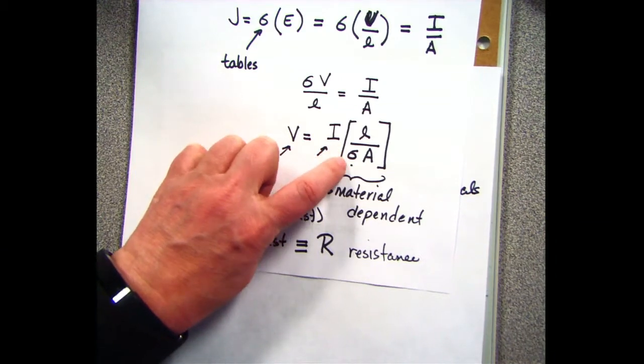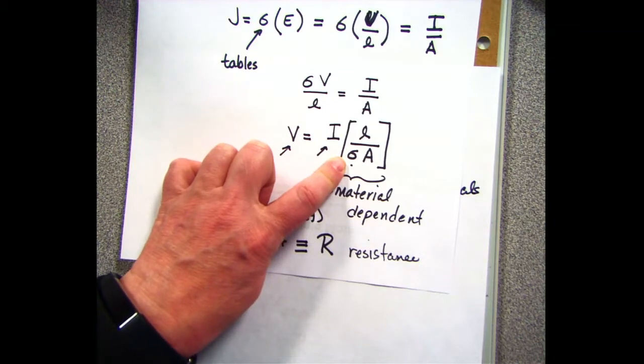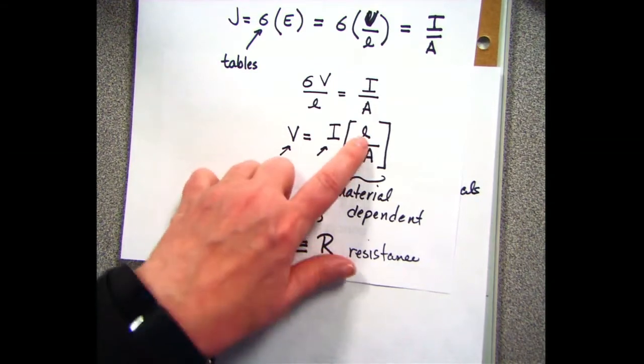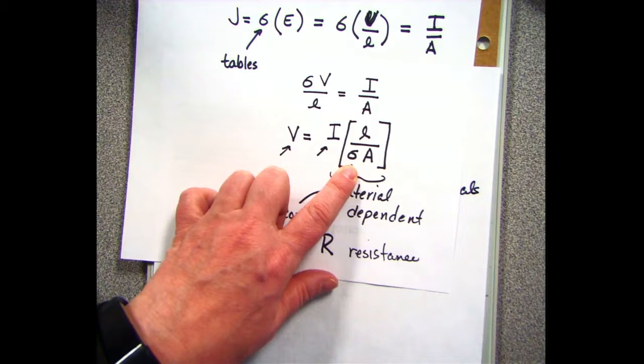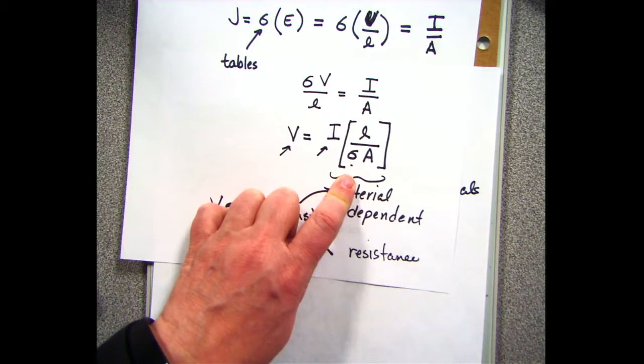If I have materials with a low conductivity, like aluminum, aluminum can still conduct, but it's not as good as copper. It's going to have a higher resistance, because the lower this number, the higher this number is going to be. So we end up with those pieces.